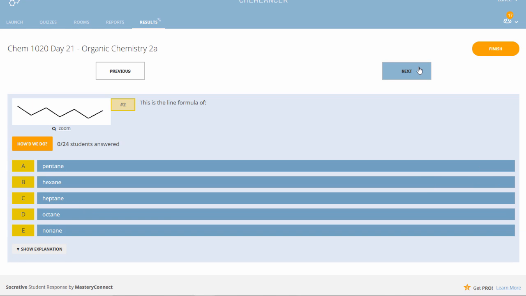Okay, here comes your second one. This is a line formula for which substance?